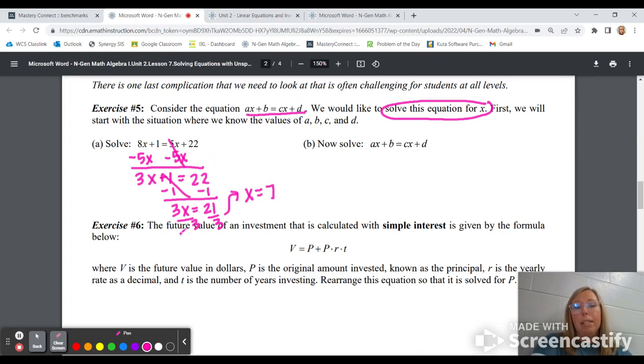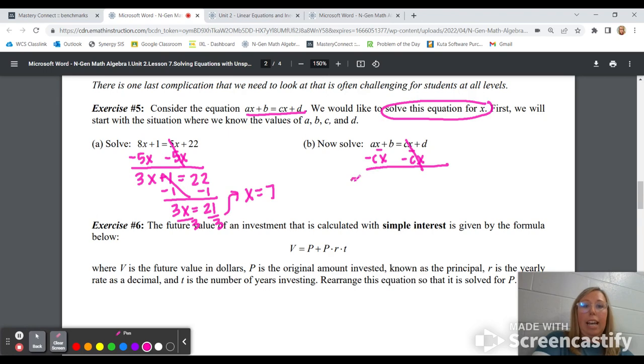Those same steps and that same process can be applied to solve for x, even when we don't have any numerical values. So here you're going to subtract cx to take it over to ax. Both of those have an x attached to them. This is where it can be tricky. The cx is gone. We cannot combine a and c.